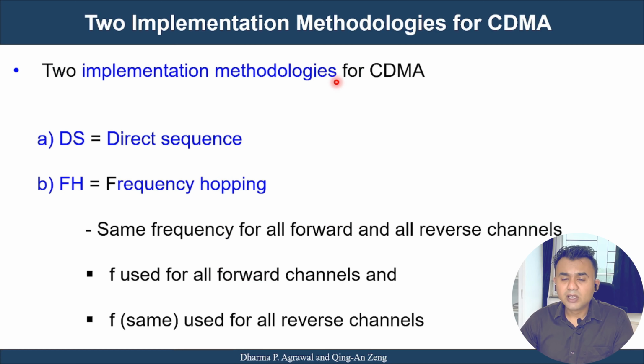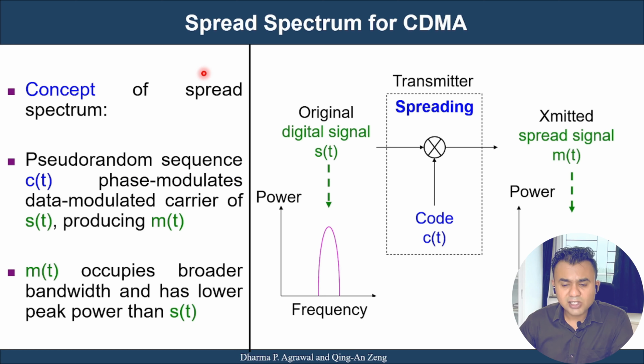There are two implementation methods. Traditionally, we have used these for CDMA: direct sequence and frequency hopping. These two are the famous methods which we have used in the traditional systems. So same frequency for all forward and reverse channels is used. Now let's see the concept of spread spectrum for CDMA. So let's say this is my original signal S(t), right?